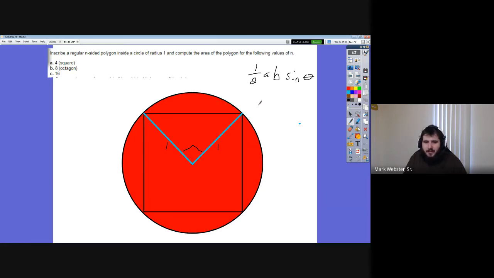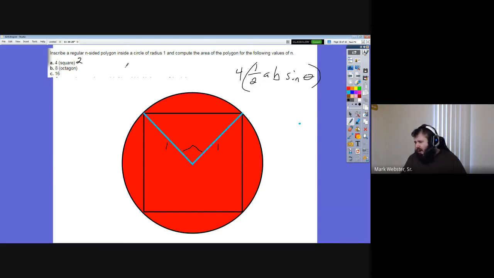So this triangle right here is 1/2, and there's 4 of them, so we can multiply that by 4. And so what we get is, the square has an area of 2.